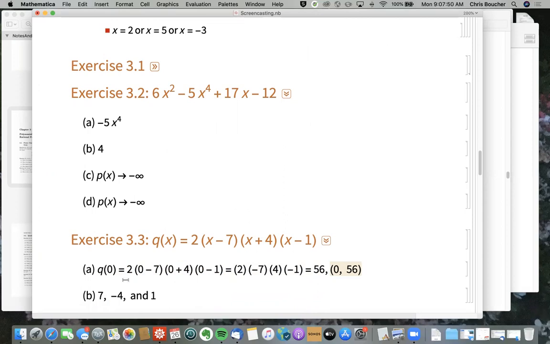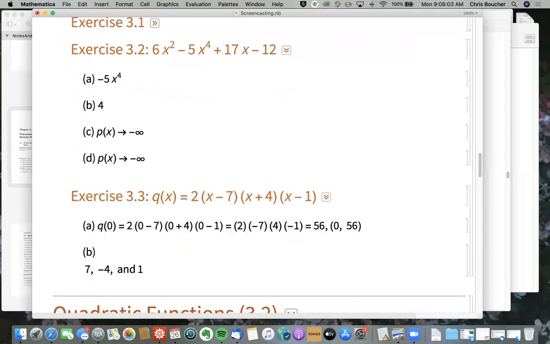And then the x-intercepts, and I did this quickly, but again, I just set each of the factors equal to 0. Now you might say, well, what about the 2 out front? That's a little different from our previous example. That doesn't really affect anything, because if you really go by the book and say, well, I have to set each factor equal to 0, that means that 2 equals 0, or x minus 7 equals 0, or x plus 4 equals 0, or x minus 1 equals 0.